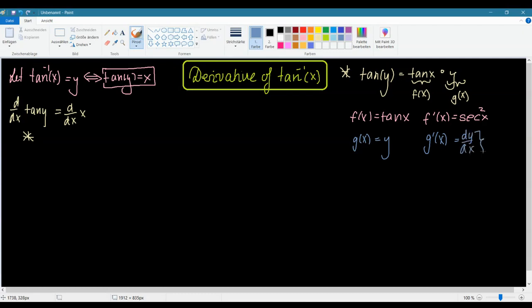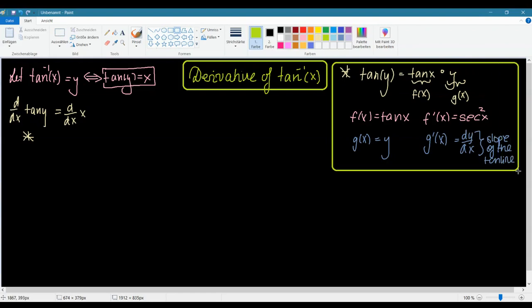This is our slope of the tangent line. That's important. This is what we are solving for, right? It's the change in y over the change in x.